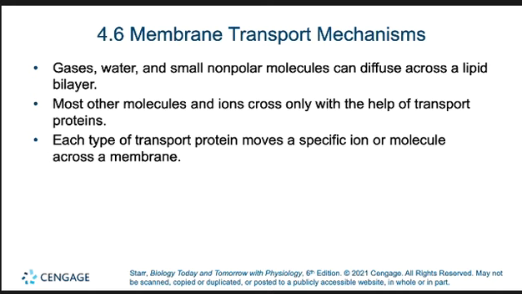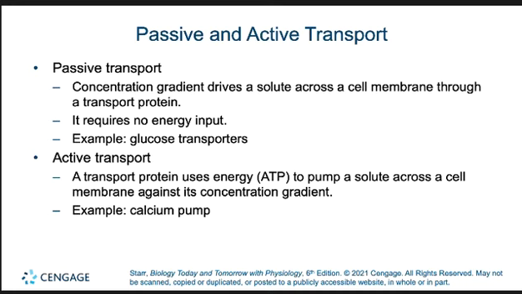If it's passive transport, it moves down the concentration gradient. If it's active transport, it moves against the concentration gradient. Okay? The concentration gradient in passive transport always determines the direction of movement from high to low. So it requires no energy input. Example would be a glucose transporter, all right, where glucose would move into the cell from high to low, okay.